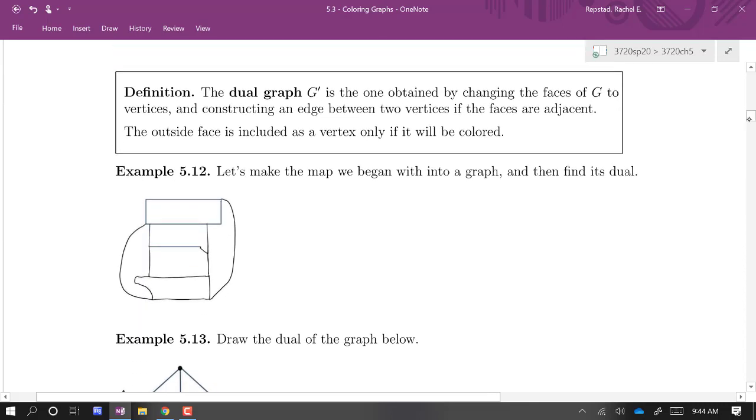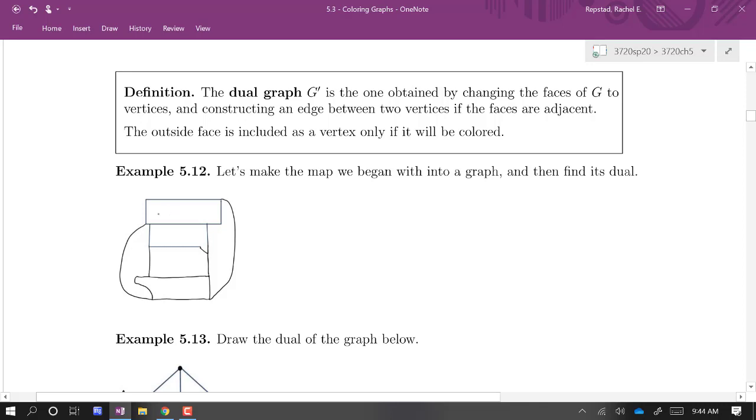If you have a planar graph and you've got some faces of that graph, you obtain the dual by making each face into a vertex, and then you construct an edge between the 2 vertices if the faces are adjacent, right? If they border each other. The outside face is included as a vertex only if it's going to be colored.